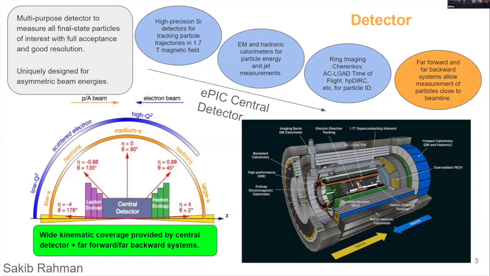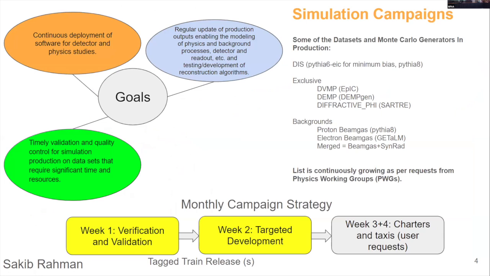So that's our detector. And what are we trying to do with the simulation campaigns? We want to be able to continuously deploy the software that we're using for the detector and physics studies, improve it every month, have fast turnaround. We want to be able to update those production outputs pretty regularly, because every month people are coming with new physics and background processes that they want to study, making improvements to the detector design or the readout systems, and then also testing and developing our algorithms that we have in our software.